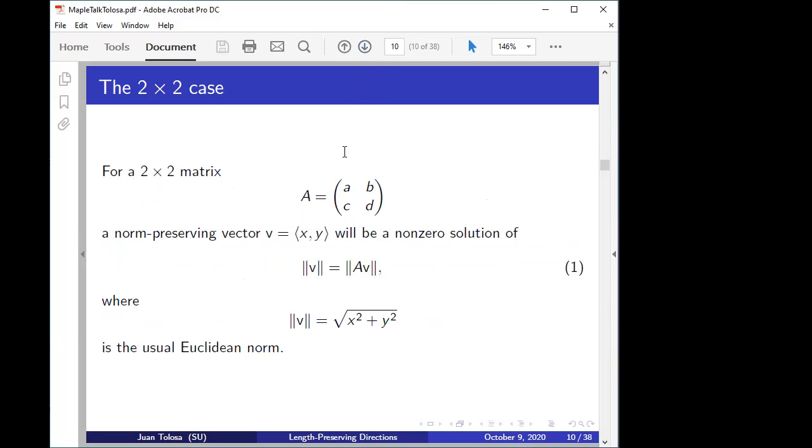So I consider a general matrix with general entries a, b, c, d, and ask the question, when do we have vectors V with components x, y, such that the norm of V, the usual Euclidean norm, is the same as the norm of its image AV.